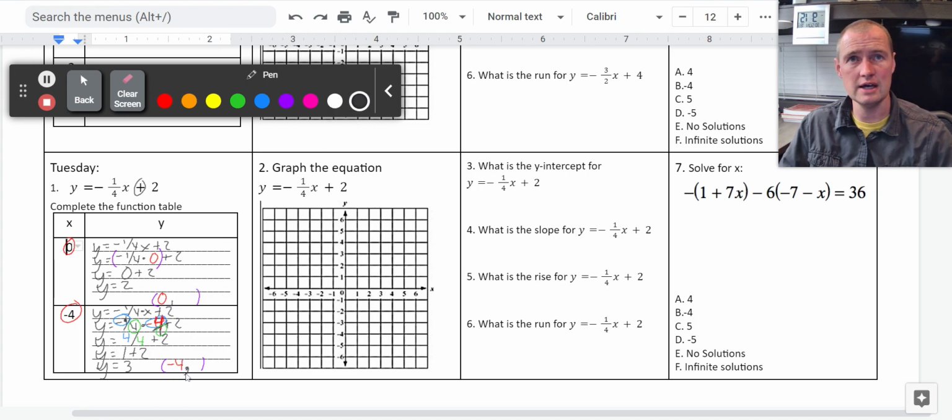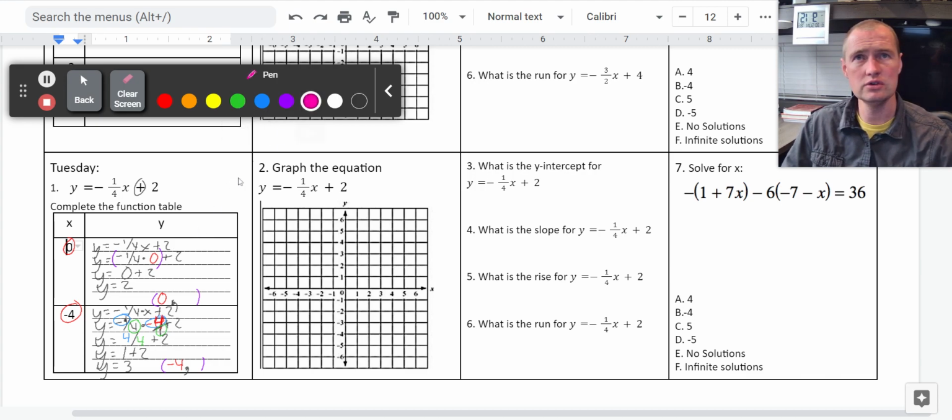We're going to add the commas. Now, because y is equal to 2, we're going to put a 2 in the y value spot there. And for here, we got y equals 3, so therefore the y value here will be 3.